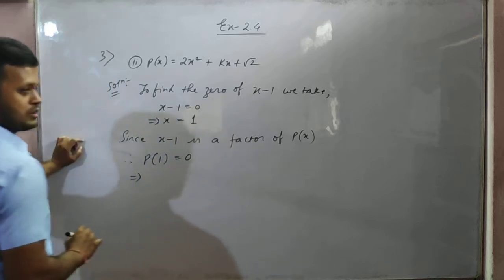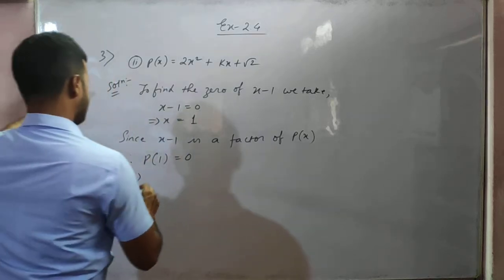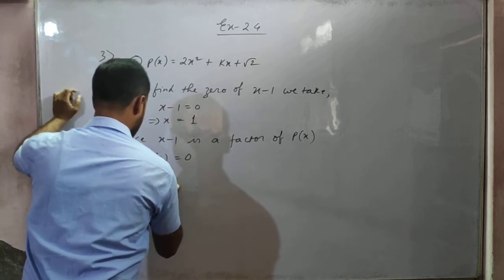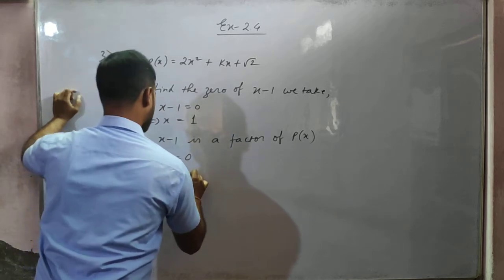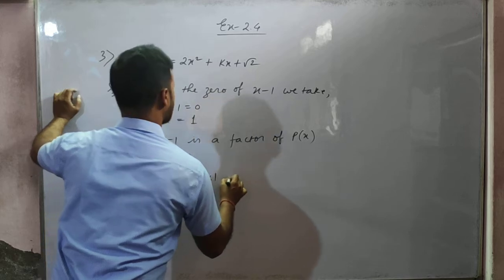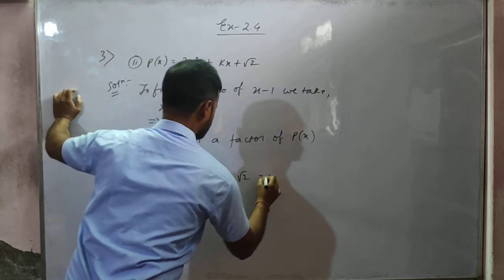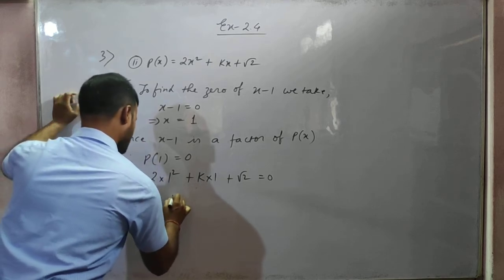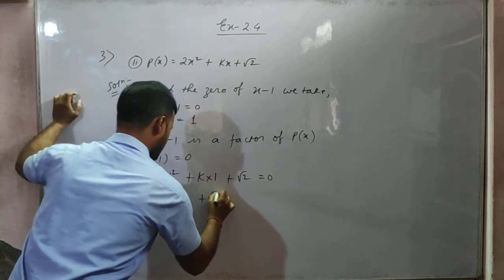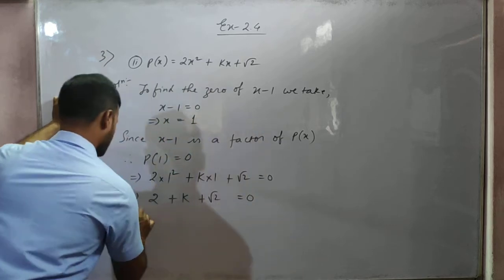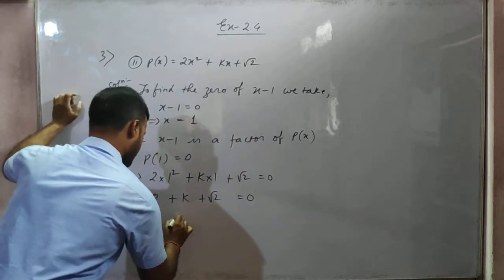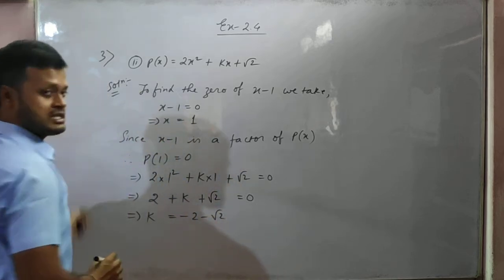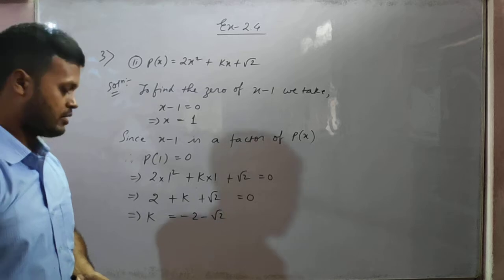So in place of this x, you will just put 1. So 2 into 1 square will become 2, plus k, plus root over 2 is equal to 0. So k is equal to minus 2 minus root over 2. So this is the value of k. Okay.